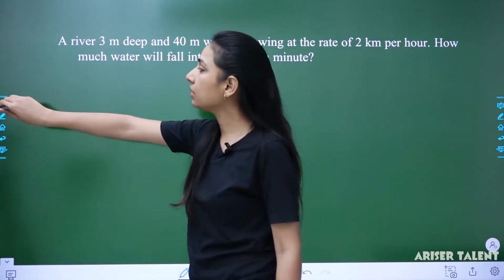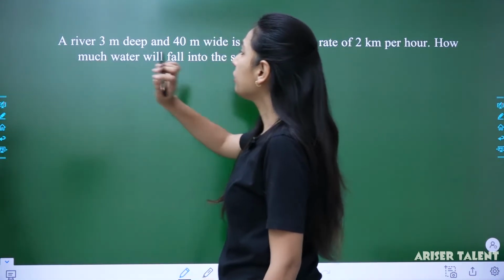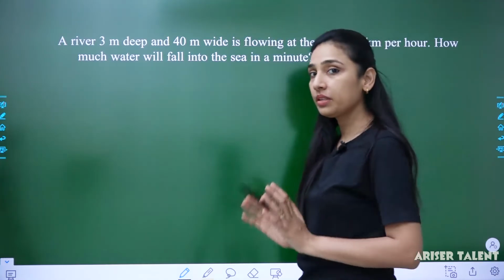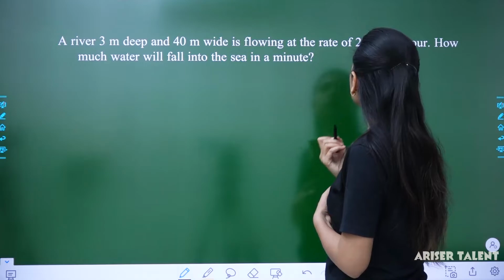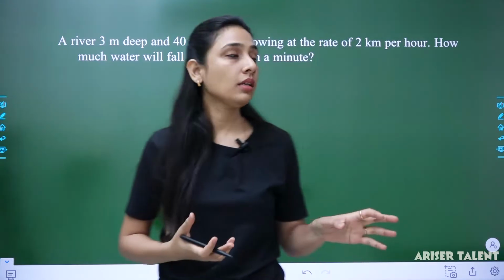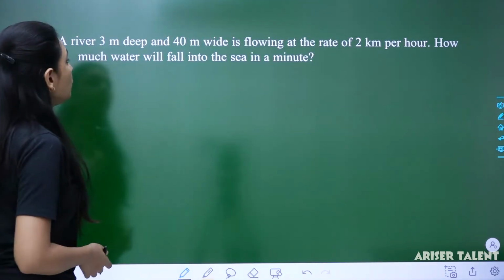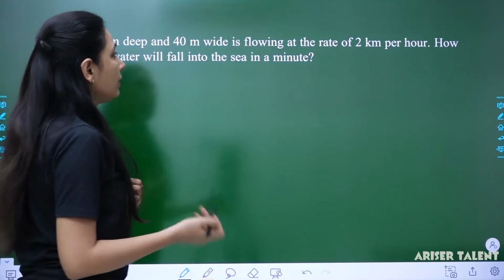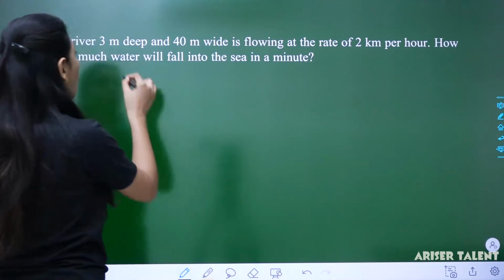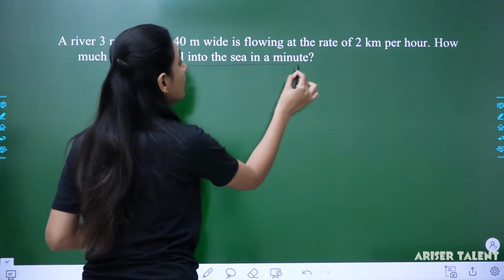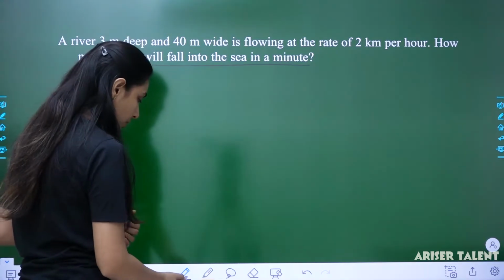So the next question is: the river is 3 meter deep and 40 meter wide, and is flowing at the rate of 2 km per hour. The flowing rate is given. How much water will fall into the sea in a minute? What is happening, students?